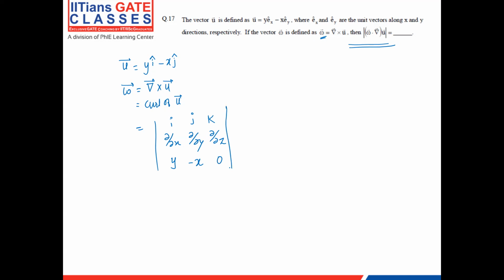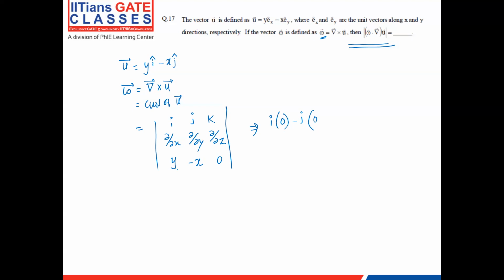On further simplifying it, what we'll get in this is i times differentiation of 0 is 0, minus differentiation of x with respect to z is again 0. 0i plus minus j times differentiation of 0 with respect to x, differentiation of 0 is 0.